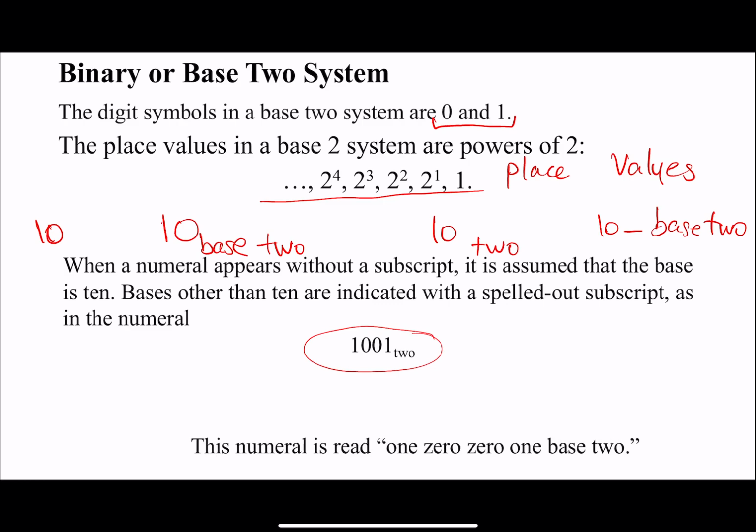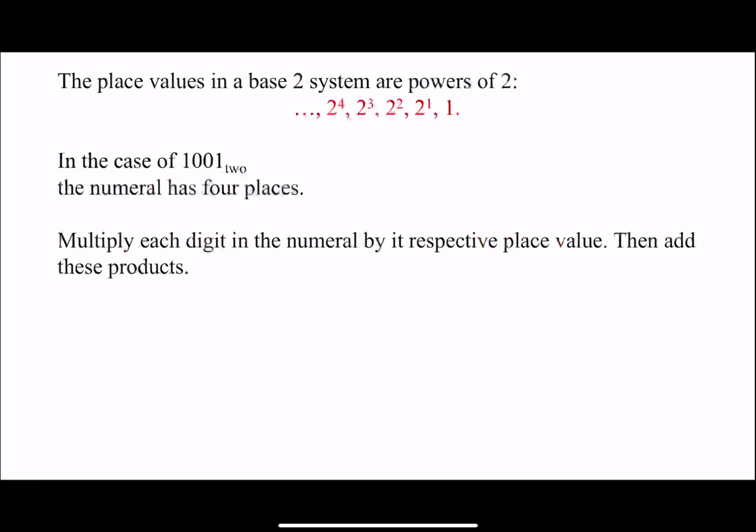Well, if I have a numeral in base 2, how can I change that to a Hindu Arabic numeral or base 10? Just like before. First of all, write down the place values that are powers of 2.